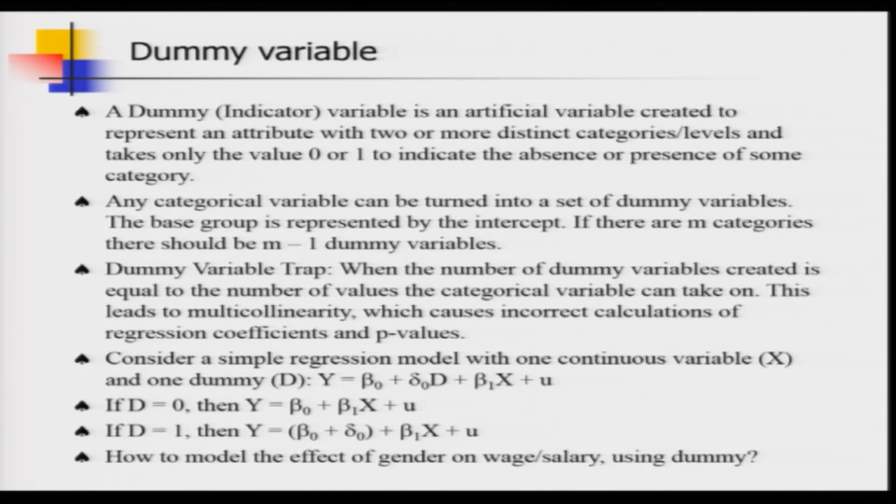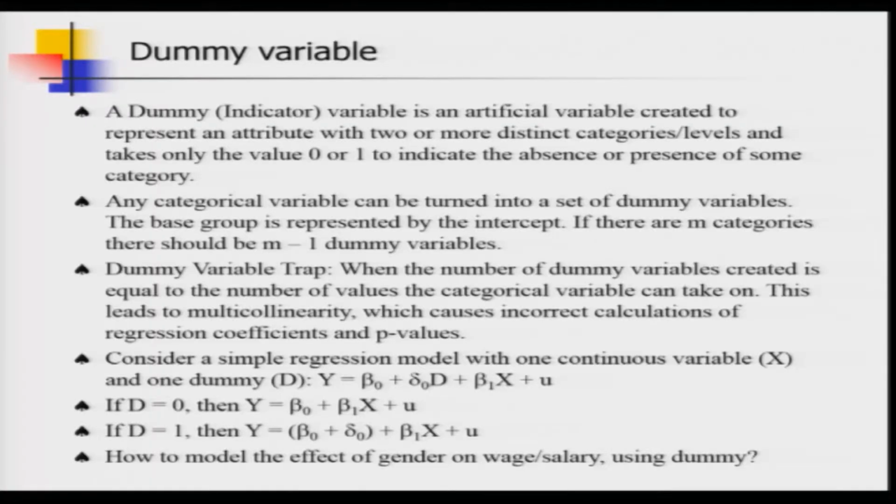Now, you note one interesting thing. You have got beta naught plus delta naught as the common intercept term in this equation for the D equals 1 case.